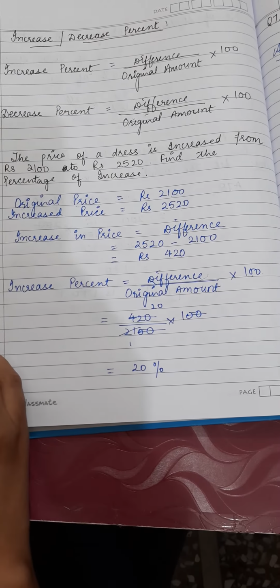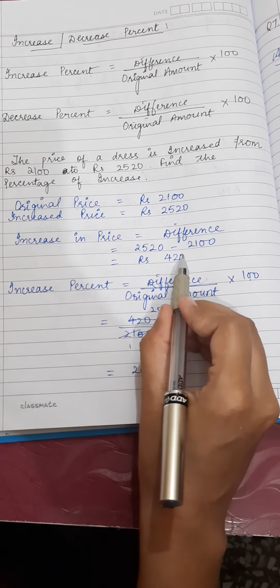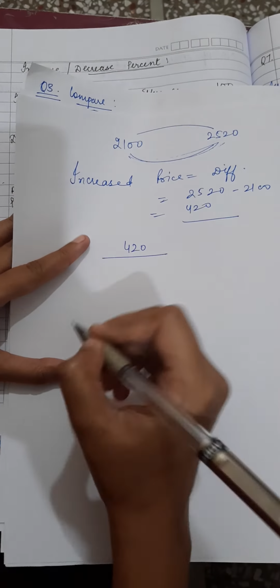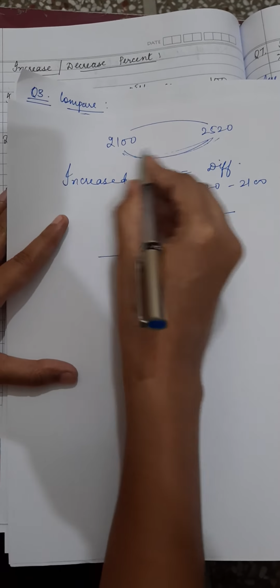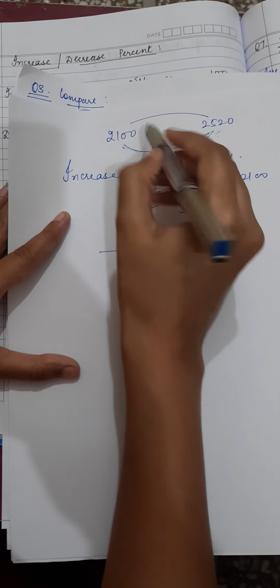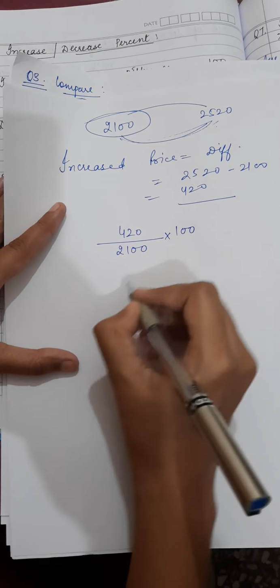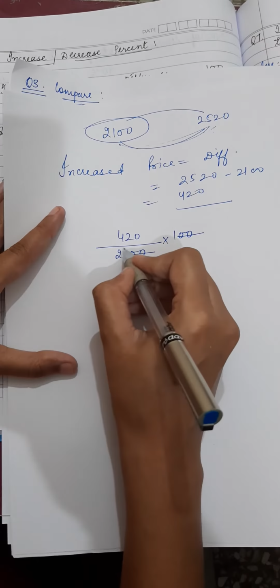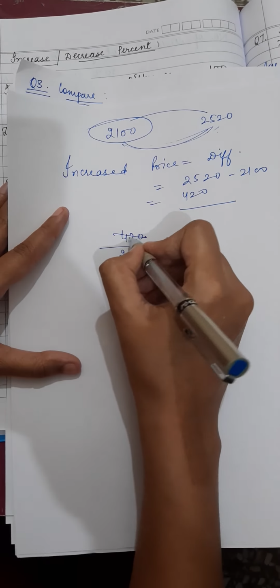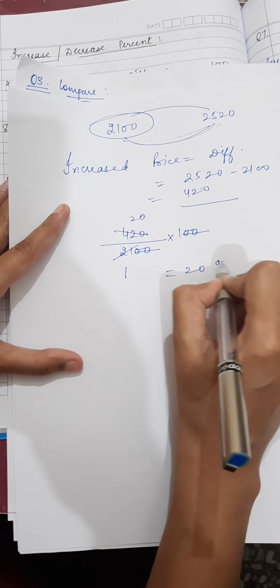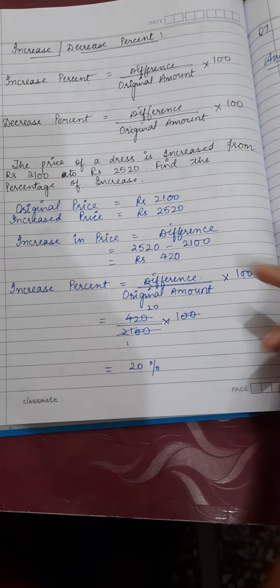So in this, just place the values. Difference is 420, so place 420. Upon the original amount. Out of these two, which is the original amount? 2100, so I'm going to write 2100 here. Multiply by 100. Zeros and zeros cancel, 21 ones are 21, 21 twos are 42, so the answer is 20%. Okay, see this solution here.